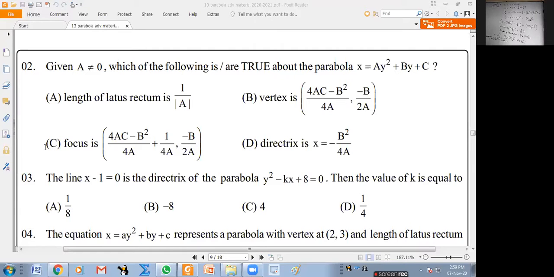Latus rectum is right. Vertex is right. Focus is also right. Directrix. Yeah, so only A, B, C are the answers.